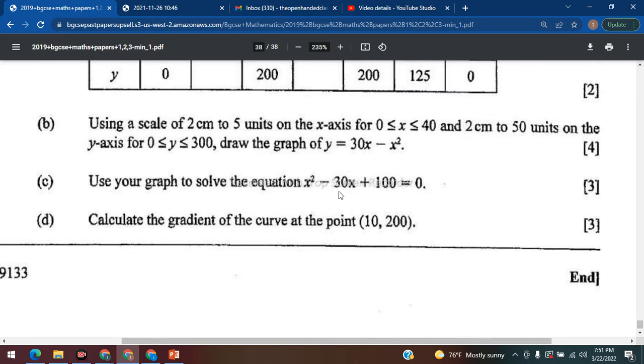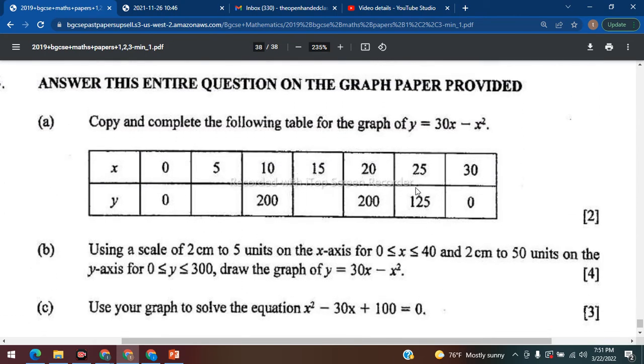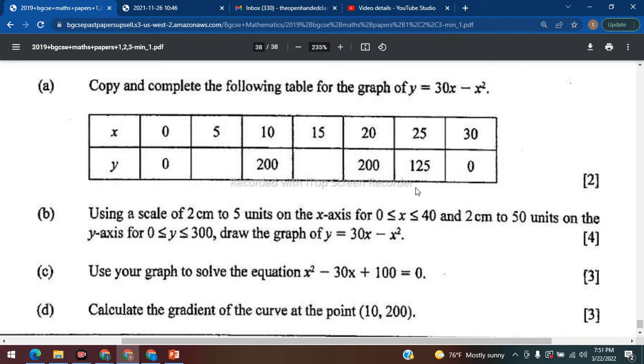Use your graph to solve the equation x squared minus 30x plus 100 equals 0.